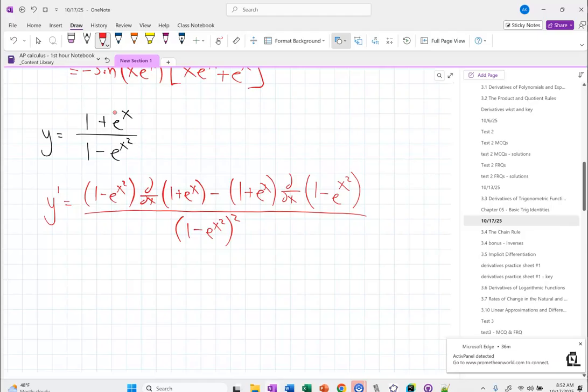Very good. So it's not until I do this that I need my chain rule, right? That's the only part of this derivative that involves that chain rule. You guys all agree?